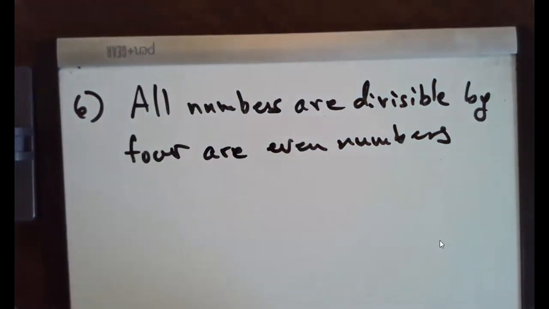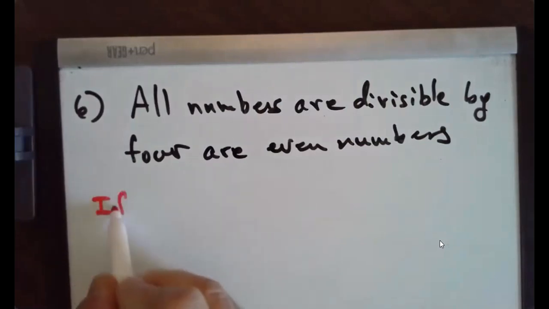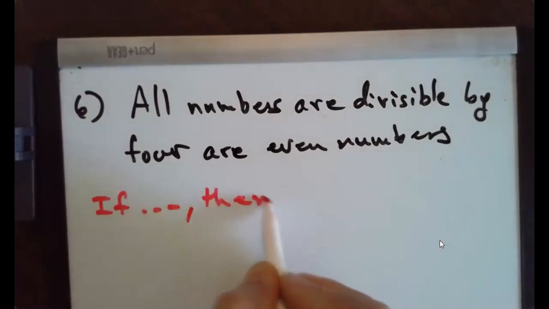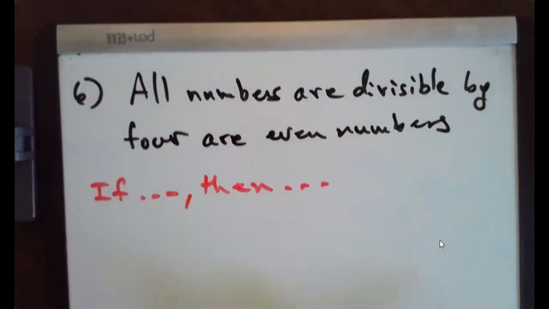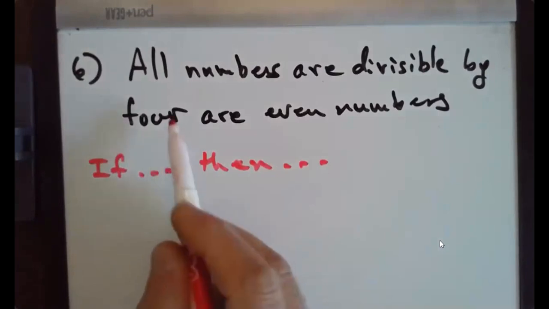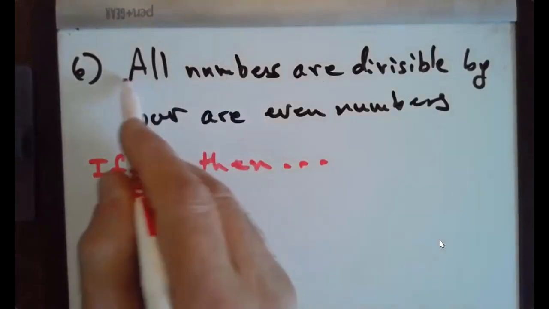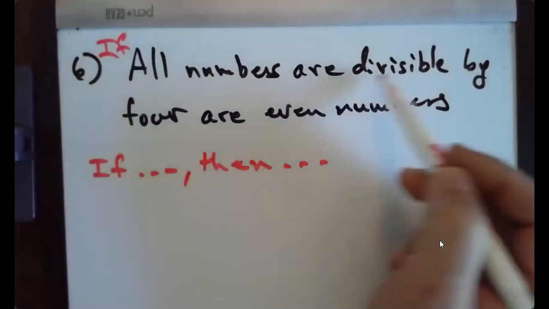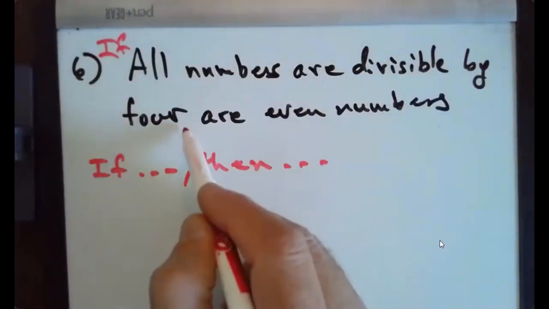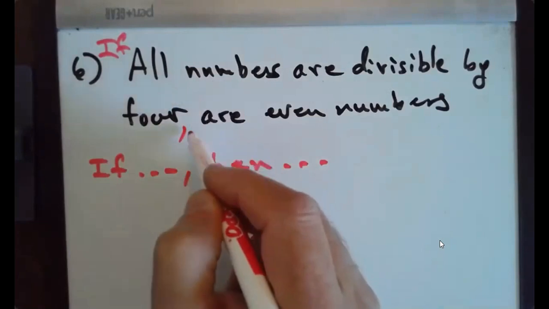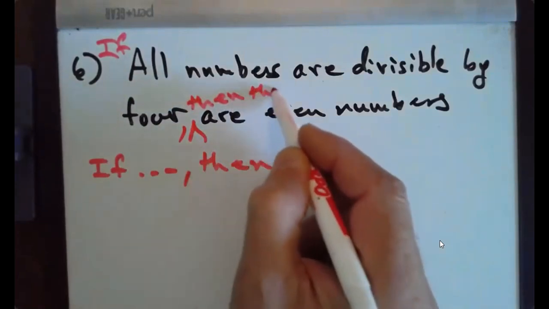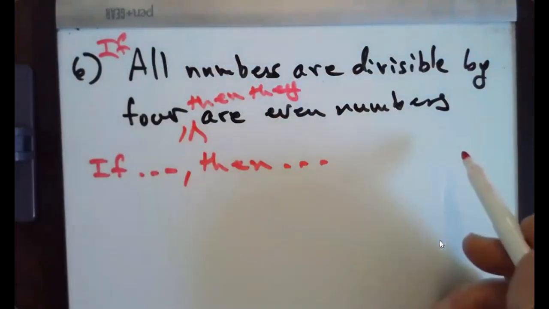Okay, so we want this as an if-then statement. So basically, we're just writing if all numbers are divisible by 4, comma, then they are even numbers.